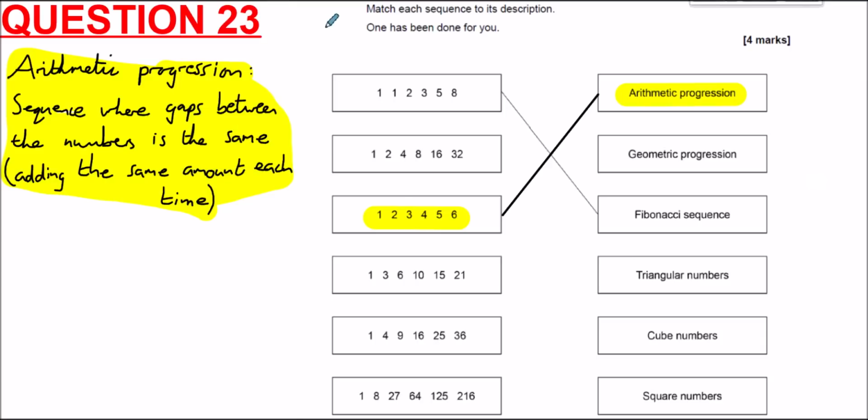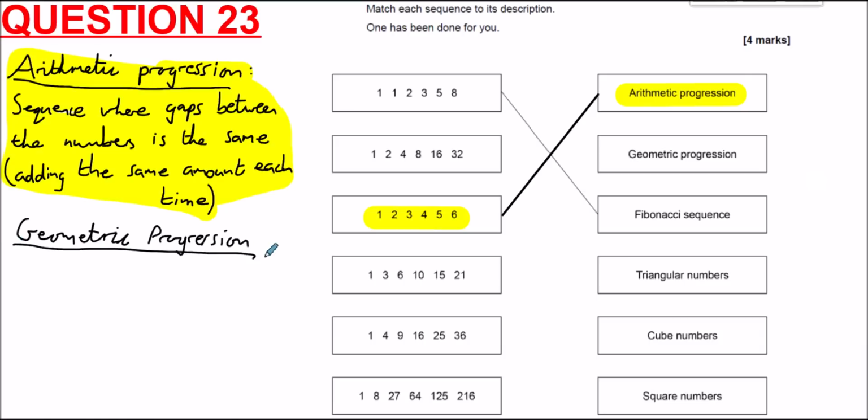Now, the other one that's mentioned is the geometric progression. Now this one is where the gaps between the numbers aren't the same.